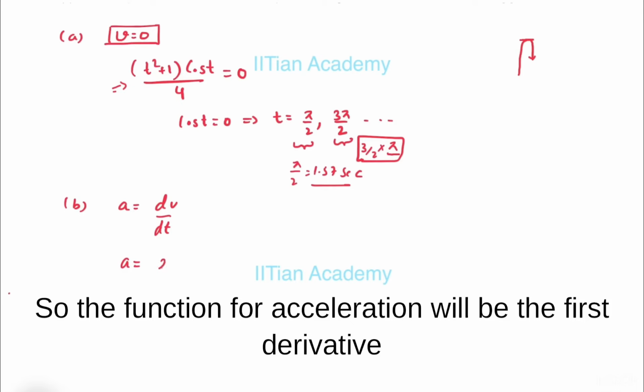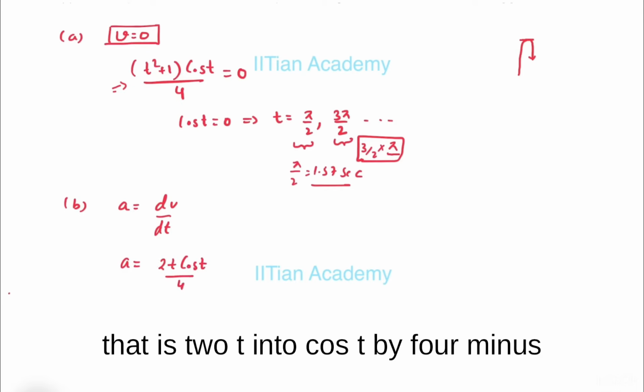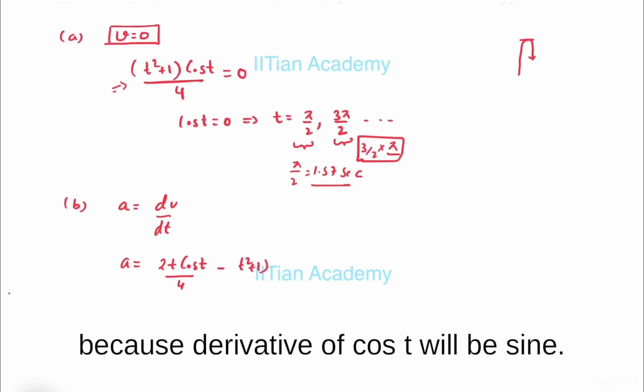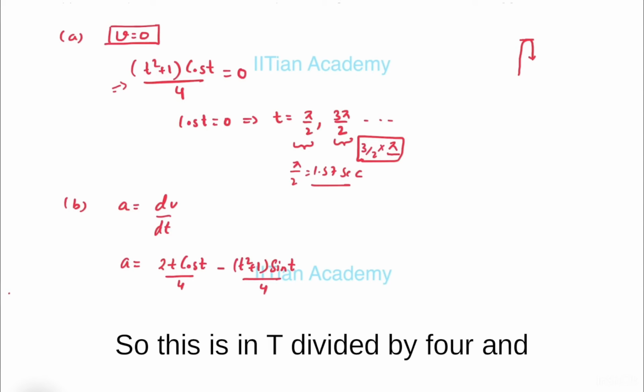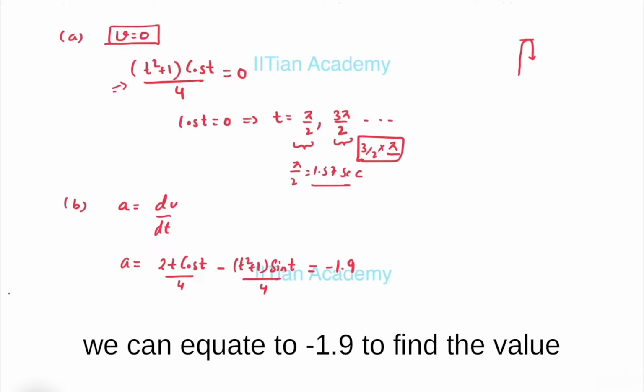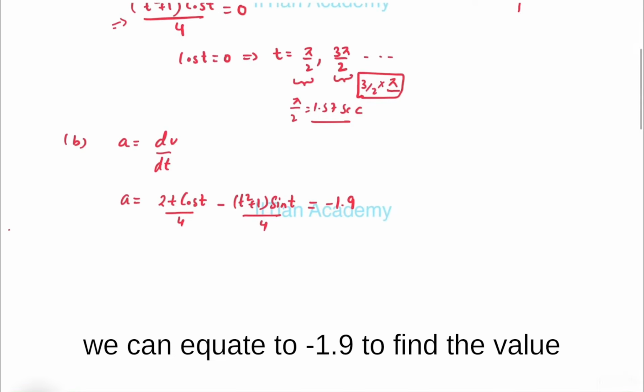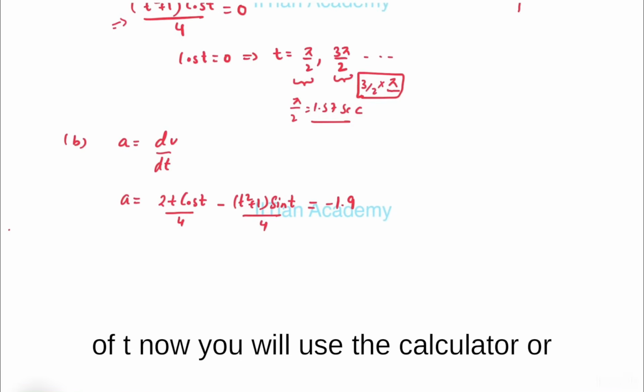So the function for acceleration will be the first derivative, that is 2t cos t / 4 minus, because derivative of cos t is sin t, (t² + 1) sin t / 4, and we can equate to -1.9 to find the value of t.